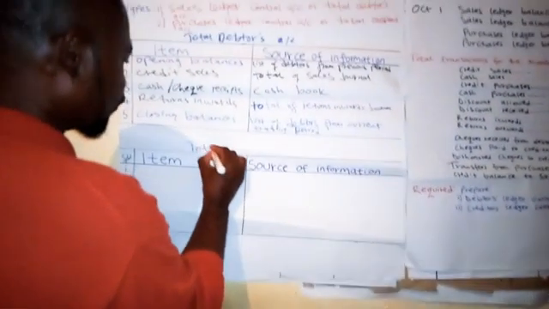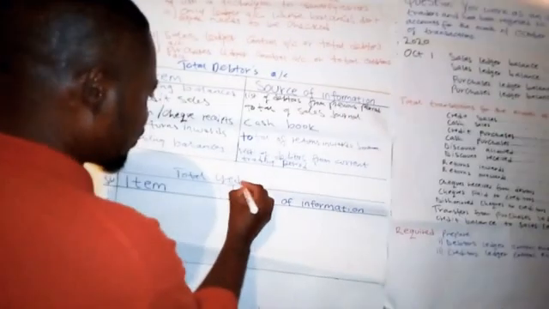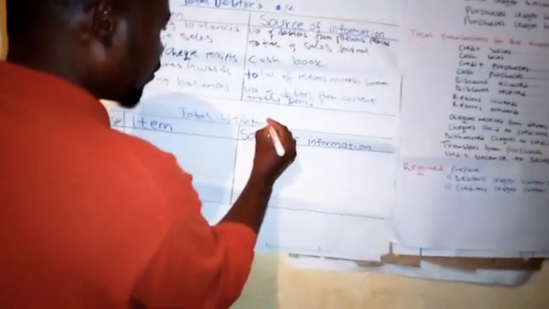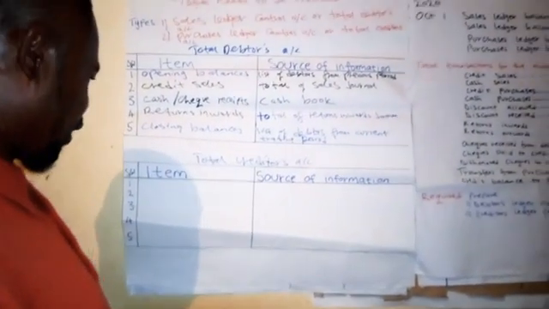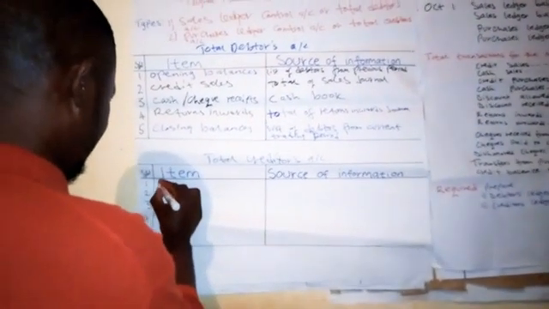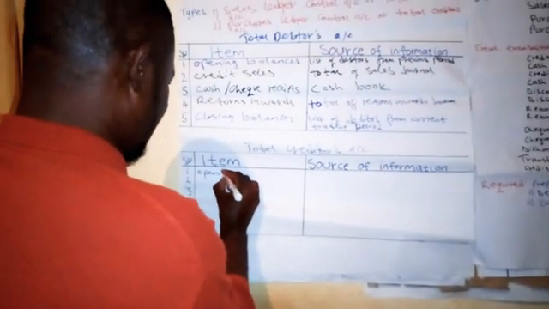Now we can look at the total creditors account, or purchases ledger account. What items are found here? The first item is the opening balance.